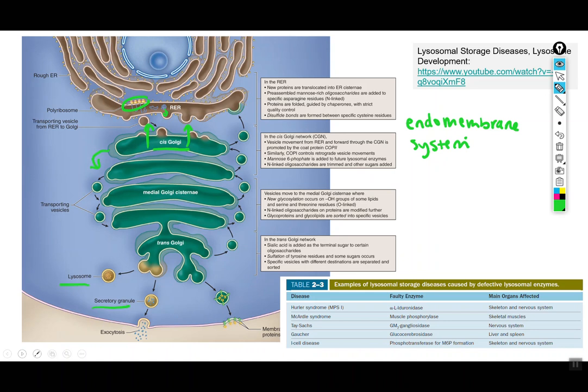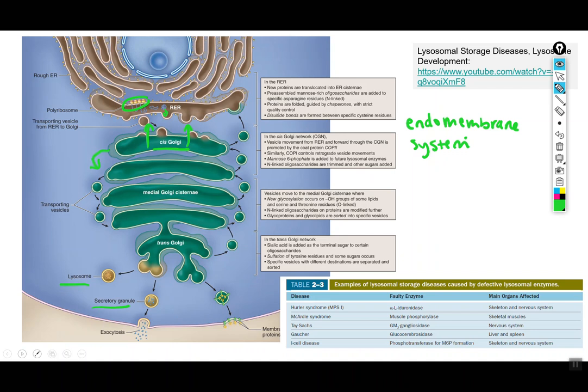So remember, I mentioned earlier that in some cases it's the Golgi that forms lysosomes, not the endosomes. That's what I meant. So this is kind of the general idea.